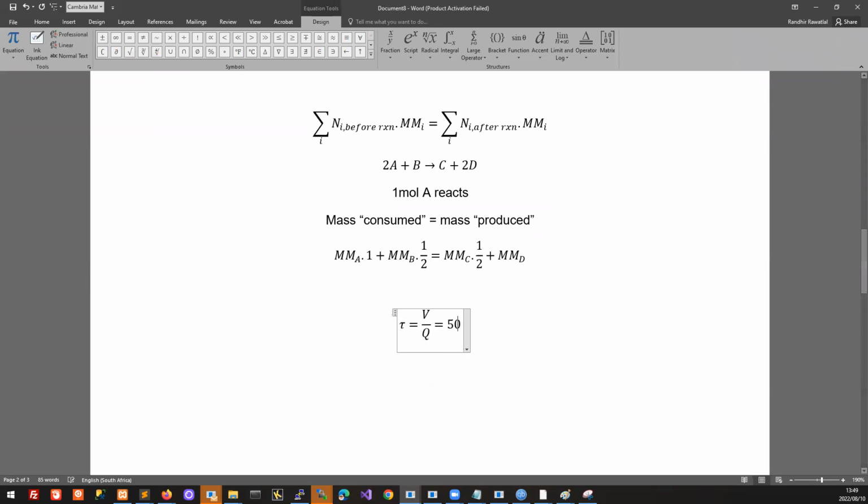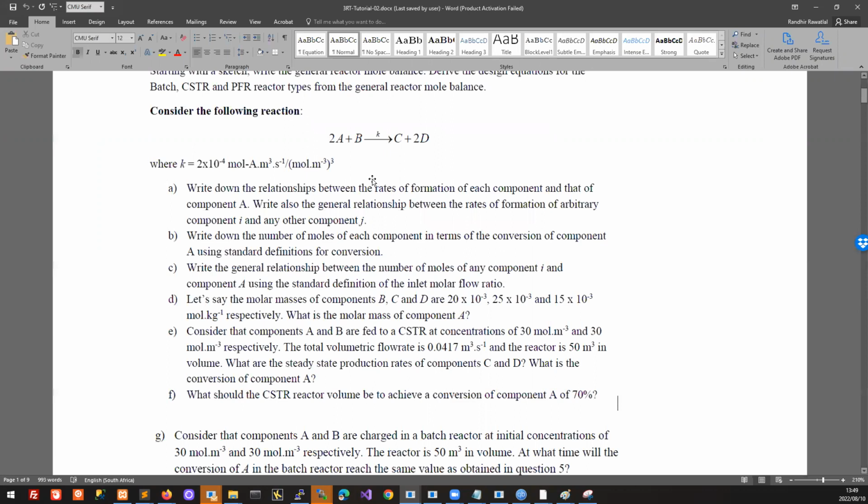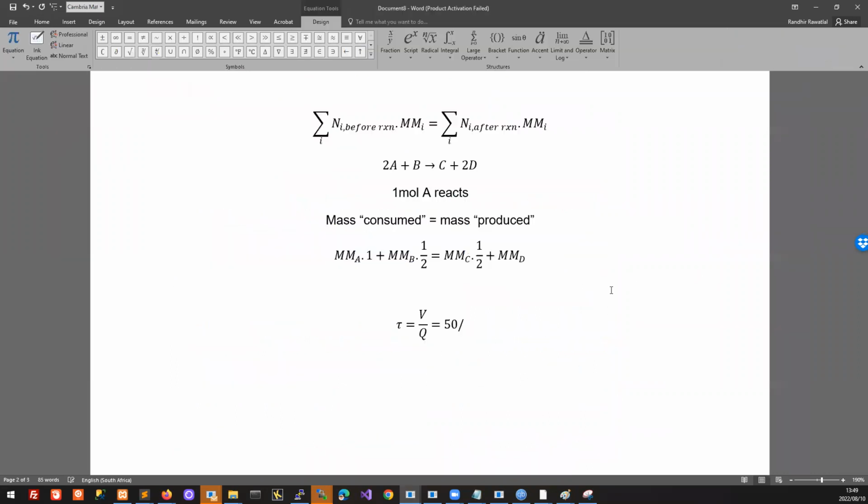So in this case, we have 50 cubic meters for the volume. And we have 0.0417 cubic meters per second.